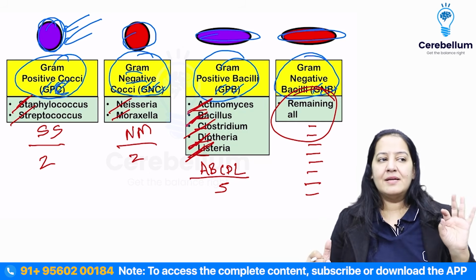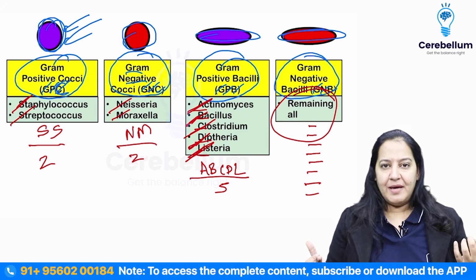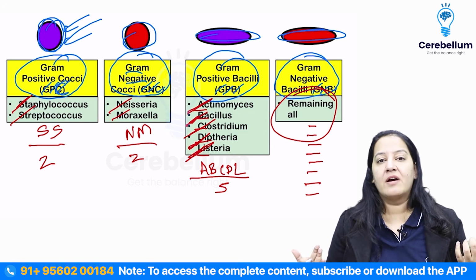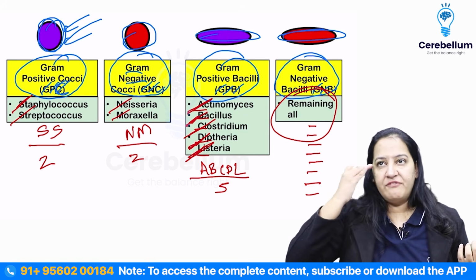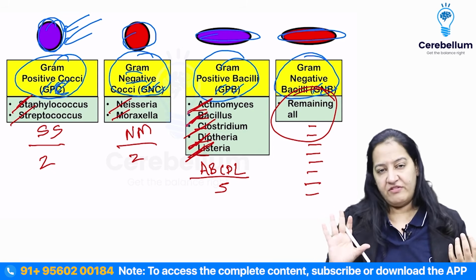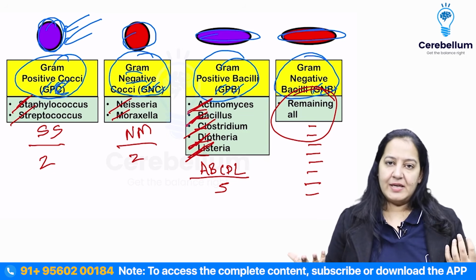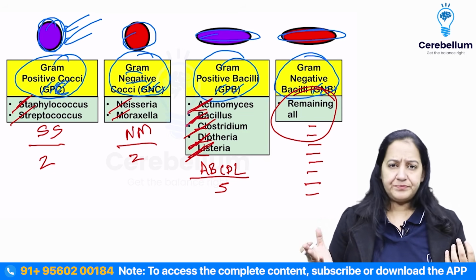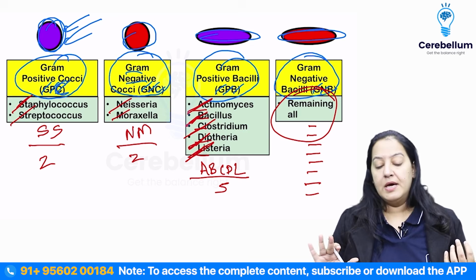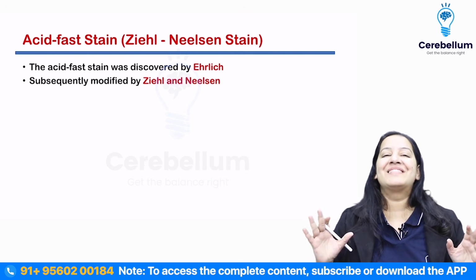If the examiner says there is a patient having such symptoms, we have taken the specimen and observed it is a gram-positive bacilli, the 5 options come in front of you, A, B, C, D, L. Among 5, 1 is the answer. So you can see other properties, other clues given to you, and rule out certain options. So you should know this classification very well. That's all about gram staining.